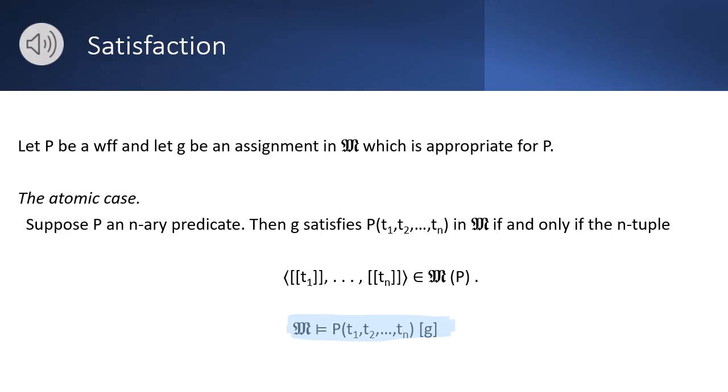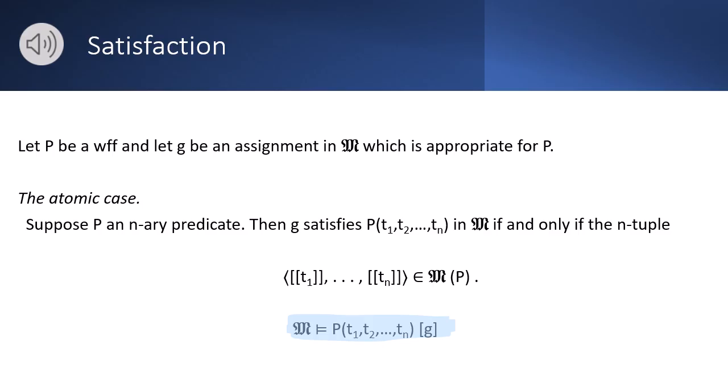And what we'll write is in terms of a double turnstile, like we did back in chapter 8 when we were introducing the notion of tautological consequence. Here we'll use this notion for logical consequence.